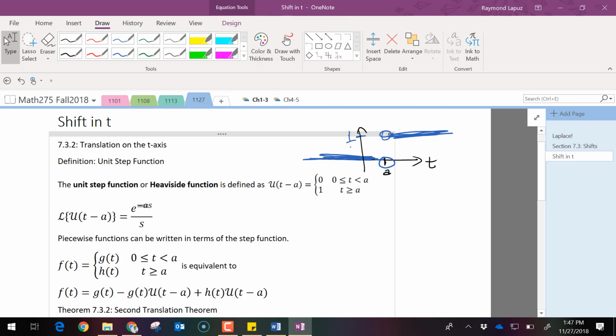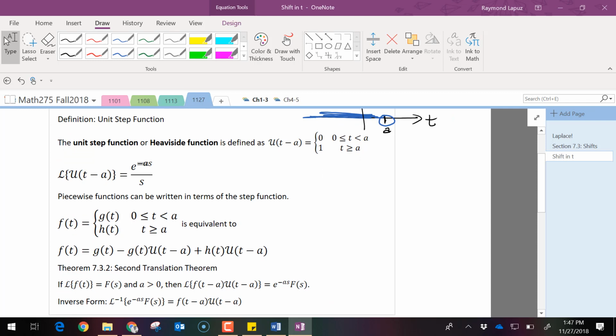Generally, we're not going to simply have a unit step function there. We're going to have a unit step function being multiplied by another function, or more generally, a piecewise function. So a piecewise function where you have one function for a certain amount of time, and then after that, it's going to equal a different function for another certain amount of time.